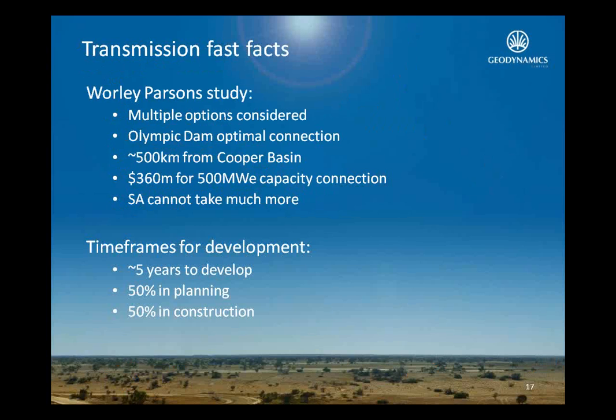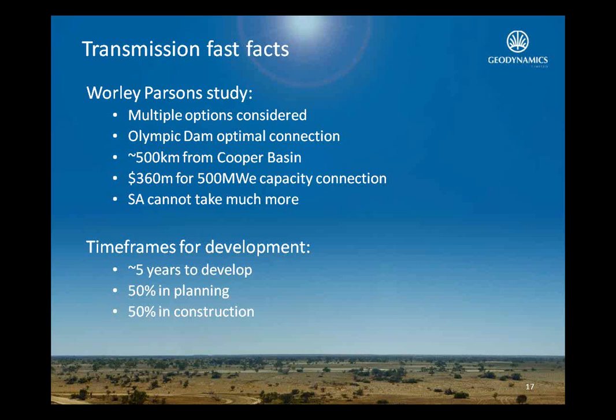So a few facts on transmission. We had Wally Parsons do a study for us. I won't go into it in too much detail, but basically it takes 5 years to develop, half the time in planning, half the time in construction.